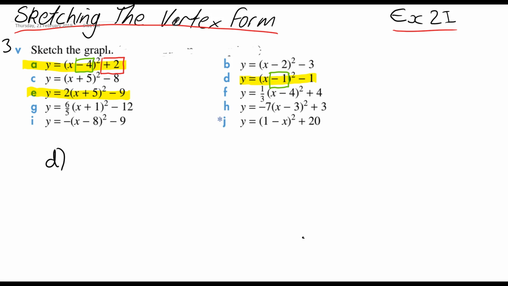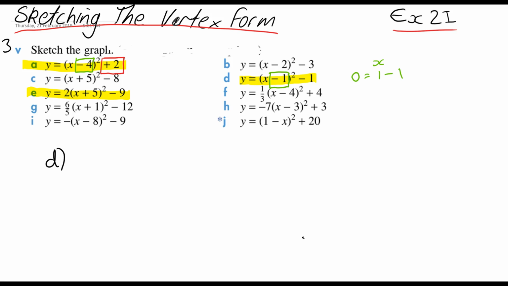Okay, and it's positive because when x is 1, 1 minus 1 gives you 0. Okay, y is 0, and when x equals 1, 1 minus 1 is 0. So even though it looks like minus 1, it's going to be plus 1.